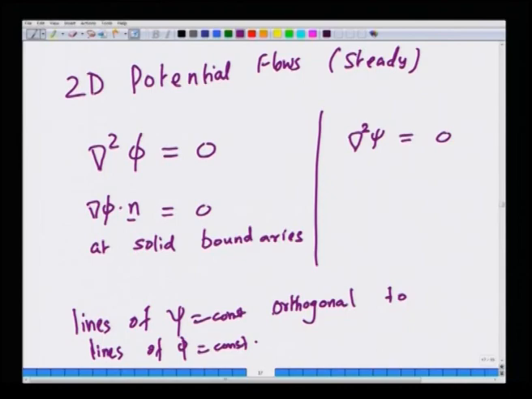Okay. So, now what is the strategy for solving potential flows? We have to solve these two equations. Usually what we normally do in solution of Navier-Stokes is that we have a problem and then we try to solve for the velocity field by using suitable boundary conditions and by solving the governing equations.